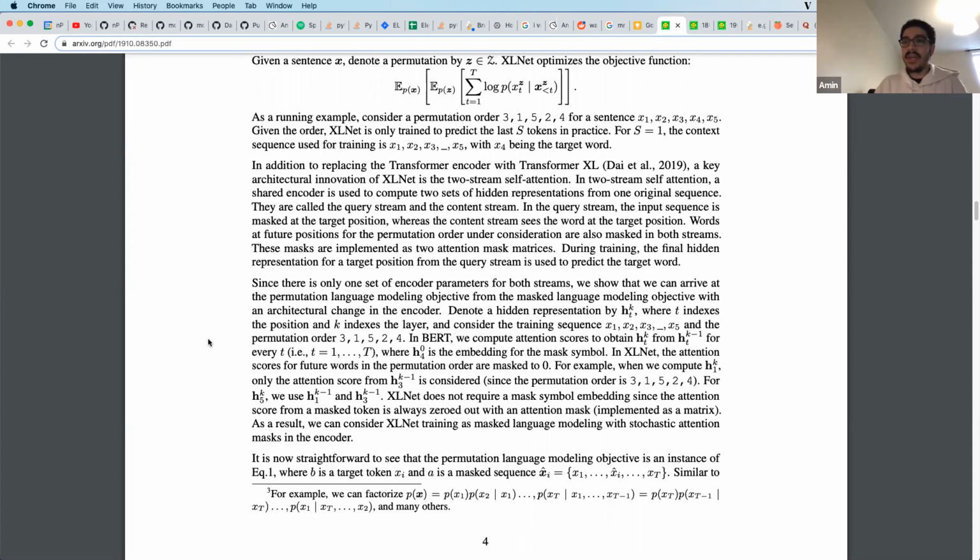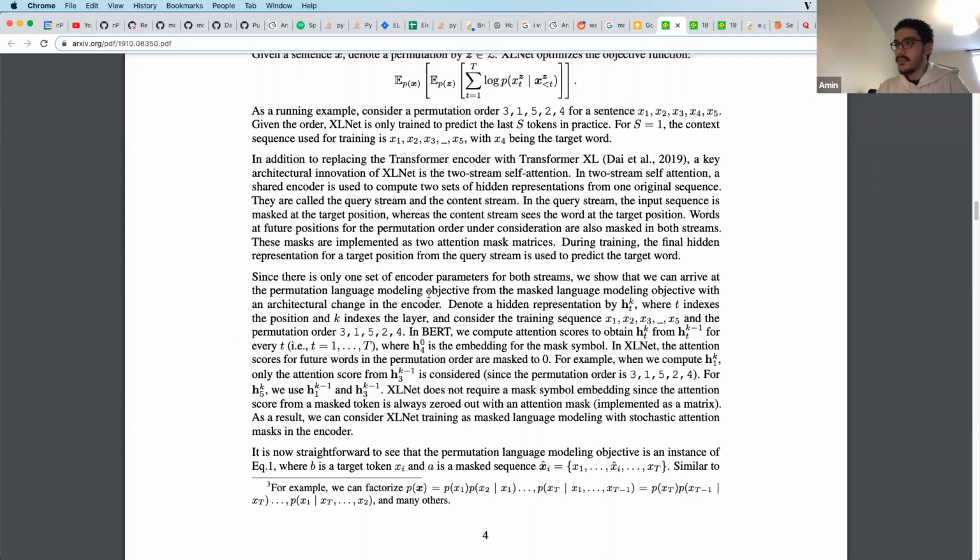And the masks depend on which permutation order is sampled. So they give an example here.